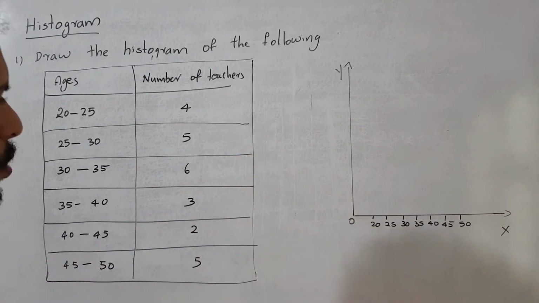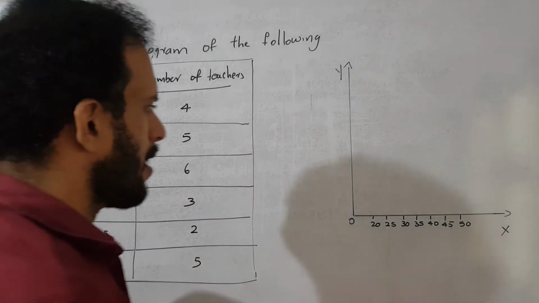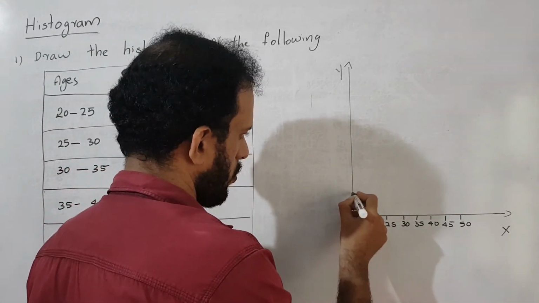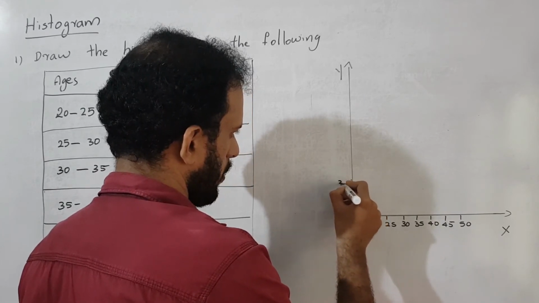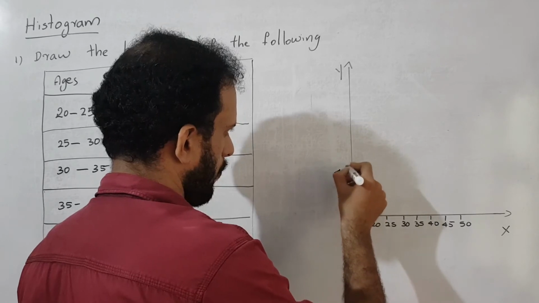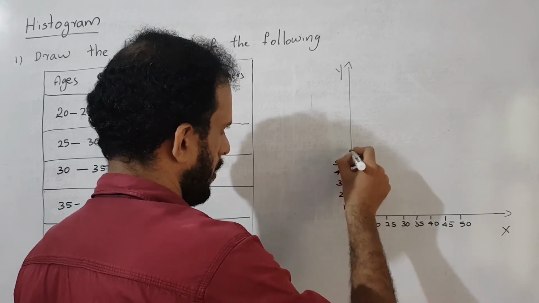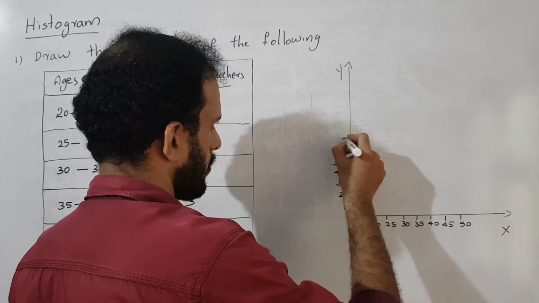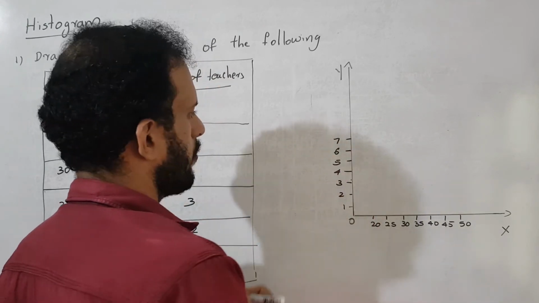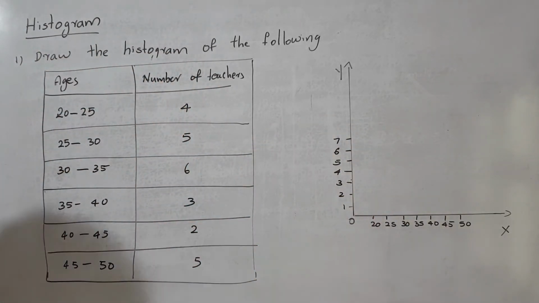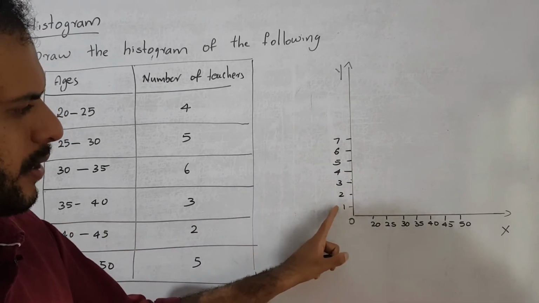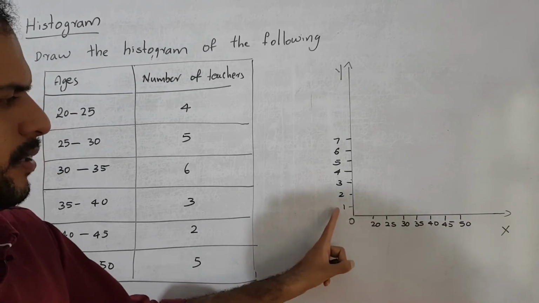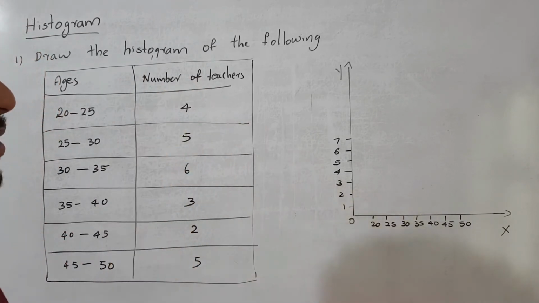So it is easily possible to take the unit distance as 1: 1, 2, 3, 4, 5, 6, 7. We only need up to 7. There also we take equal distance to mark the numbers, with the unit distance as 1. One unit represents 1 teacher.